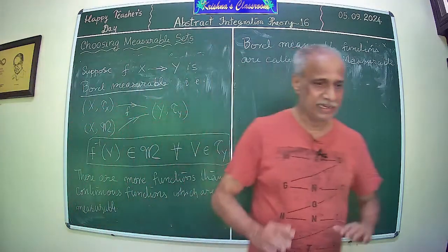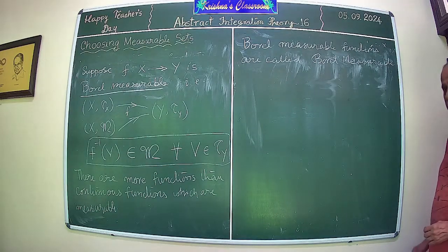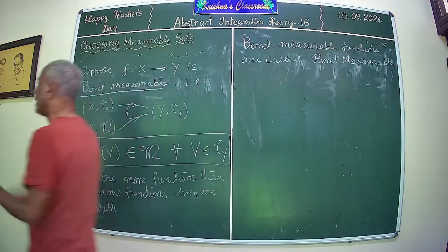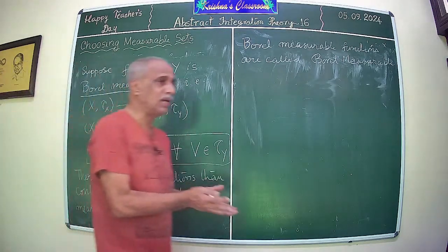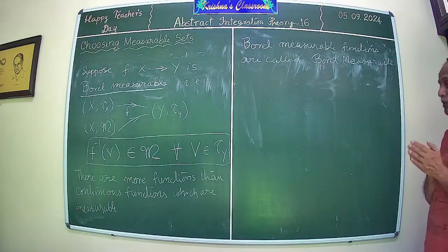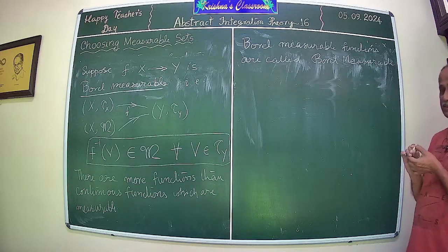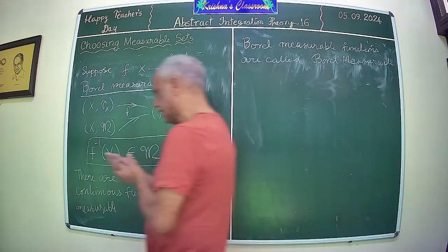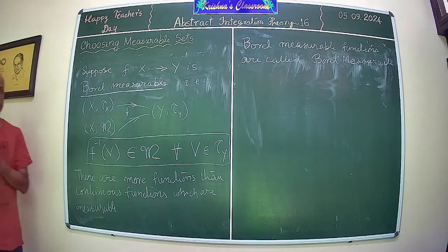Suppose you are given any subcollection in X, not necessarily with any structure, you can find a sigma algebra which contains it, or a minimal sigma algebra which contains it. And then you can talk about what are called measurable functions.